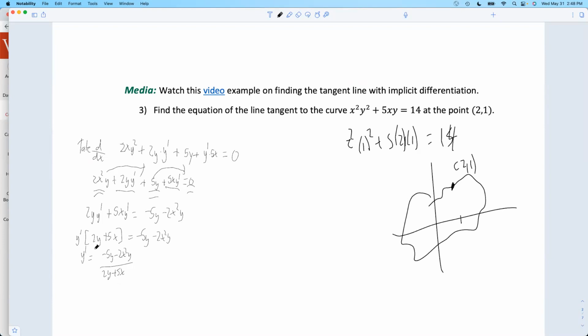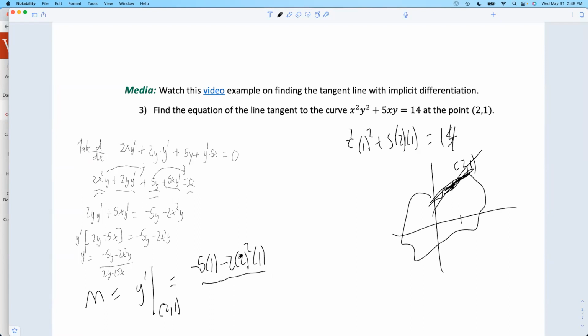This is going to tell us the slope of the tangent line right there. That's not a very good looking tangent. So the slope of my line will be y prime evaluated at, that's what this little vertical line means, evaluated at the point 2, 1. So that will be negative 5 times 1, y is 1, minus 2 times 2 squared times 1, over 2 times 1 plus 5 times 2.